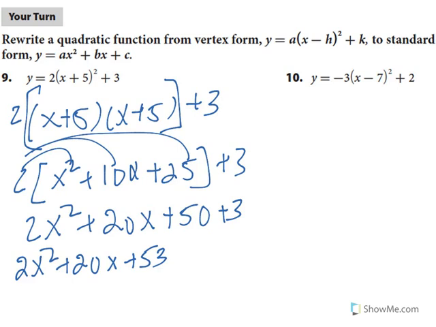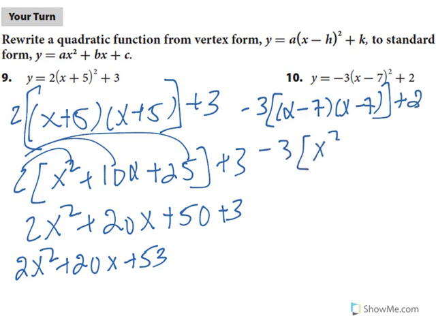Right? And for number 10, so we have a negative 3 times x minus 7 times x minus 7 plus 2. So this is negative 3 times x squared minus 14x plus 49, and then plus 2 at the end.